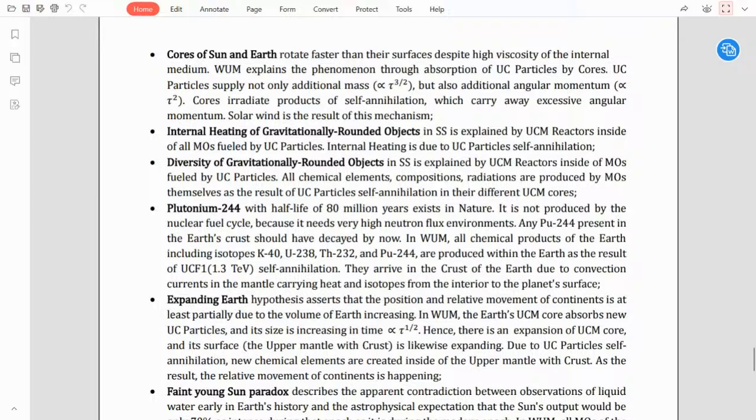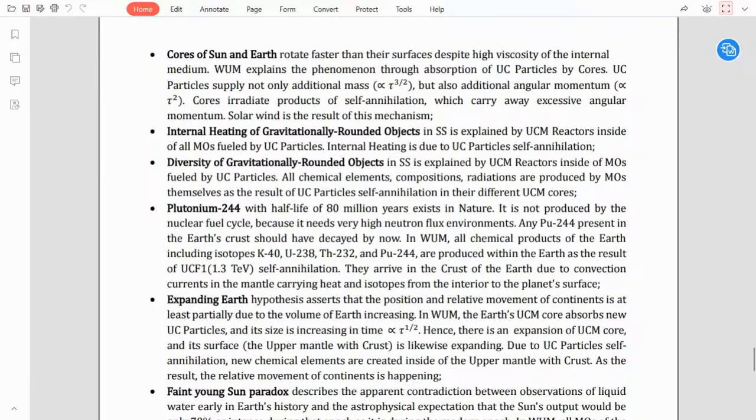In UCM, all chemical products of the Earth, including isotopes, are produced within the Earth as the result of UC particle self-annihilation. They arrive in the crust of the Earth due to the convection currents in the mantle carrying heat and isotopes from the interior to the planet's surface.